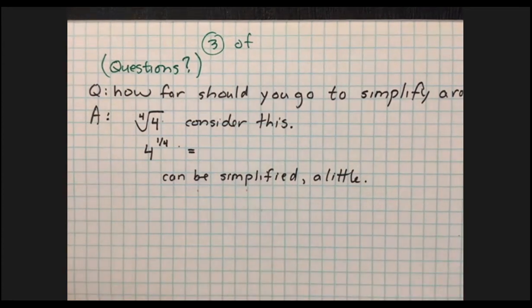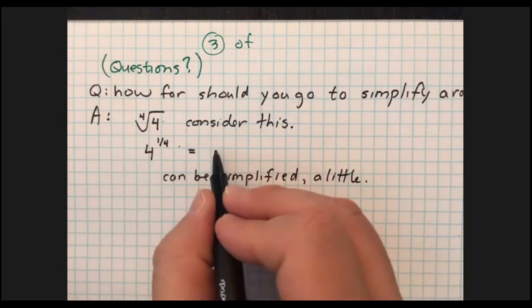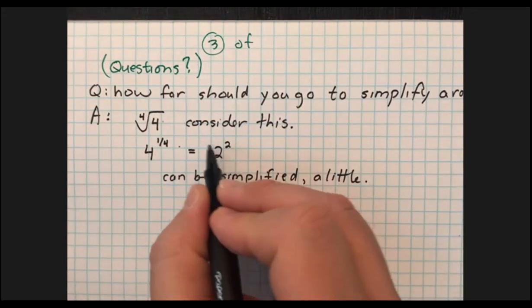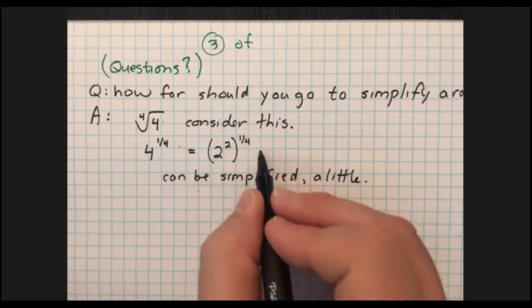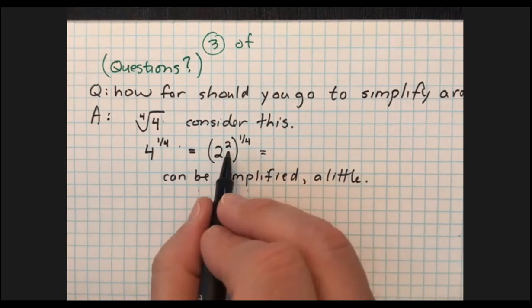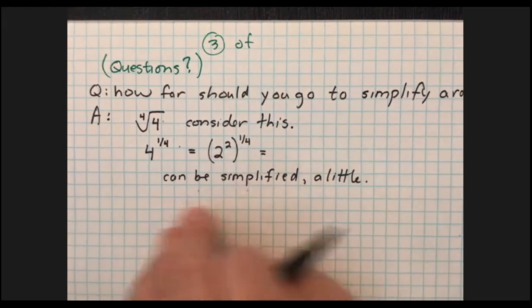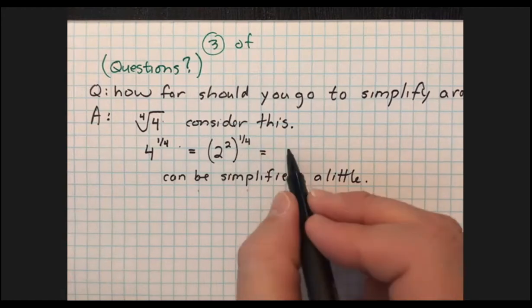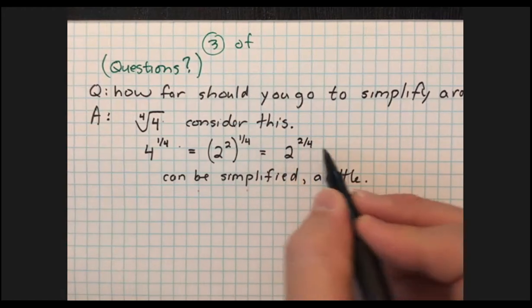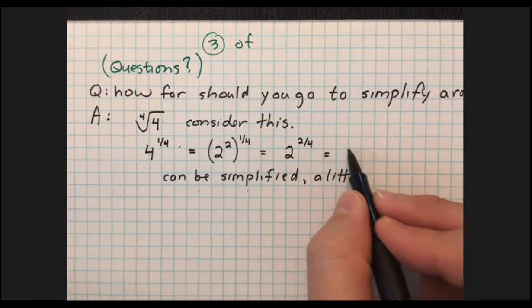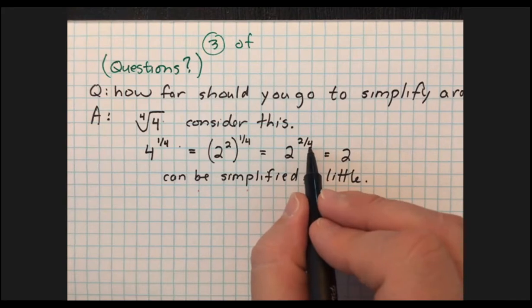So you should always look for ways to simplify. Let's talk about 4 as being 2 squared, right? And 2 squared to the 1/4 power, your algebra class, when you raise a power to a power, you multiply the powers. And that is 2 divided by 4 is 1/2.